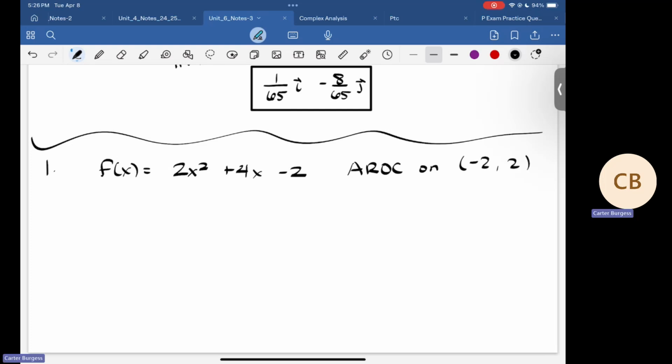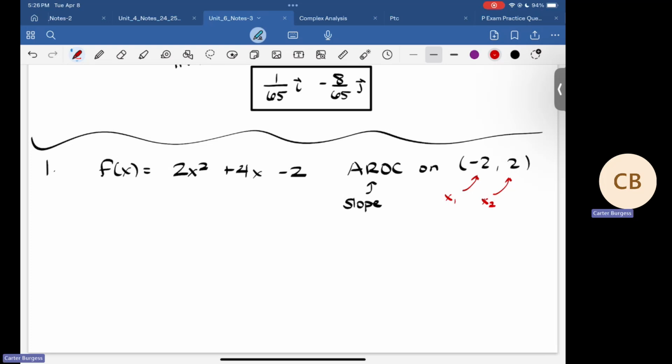Now, average rate of change is not too tricky. This is just slope. But what's hard about this is the information that I have given you. This and this are x1 and x2. You don't know the y values yet. You need to find those. So I'm giving you the starting x value and the ending x value, and what you need to find are the starting y value and the ending y value.